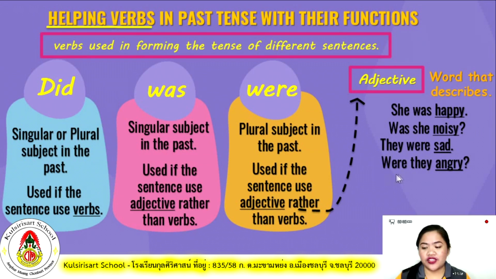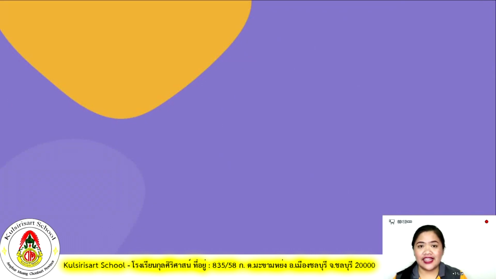You can see the sentences here use were because the subject is they, and they is plural. I hope you understand. Let's proceed to the next lesson.